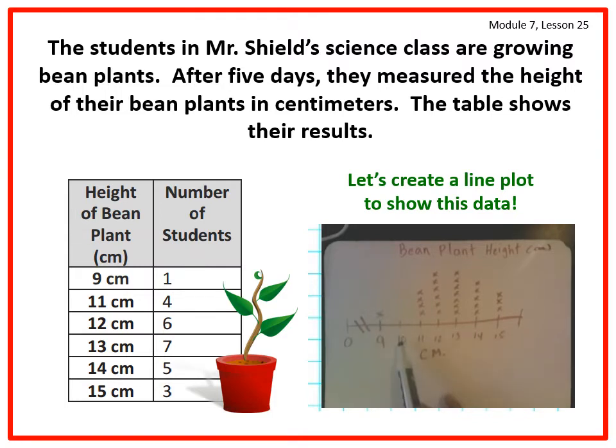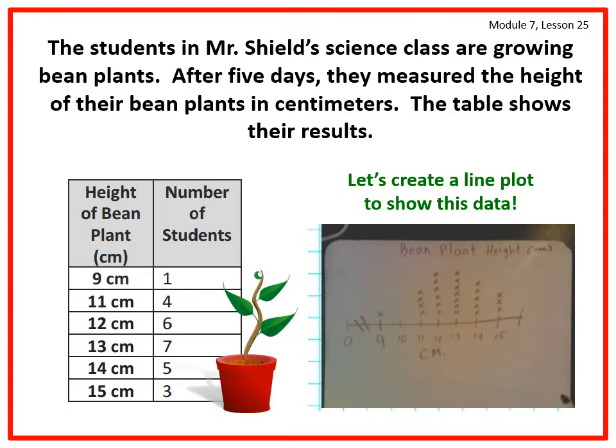For 10 centimeters, I didn't put anything because there was no students that had the plant that was 10 centimeters. For 11 centimeters, I put 4. For 12, I put 6. For 13, I put 7. For 14, I put 5. And for 15, I put 3.